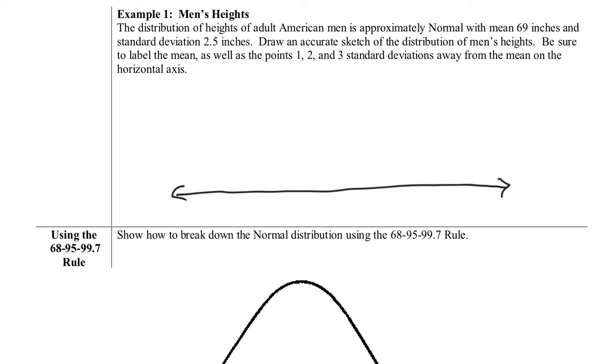So I'm going to go ahead and do a normal curve here. Now notice this, we want to do an approximately normal. We've got our mean, which is mu, and right here we've got our standard deviation, our sigma. And what I would suggest is decide where you're going to put your mean.